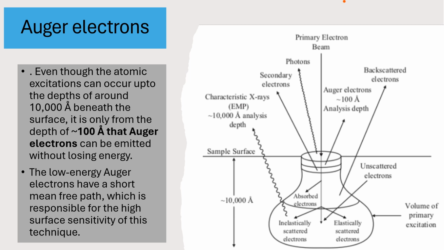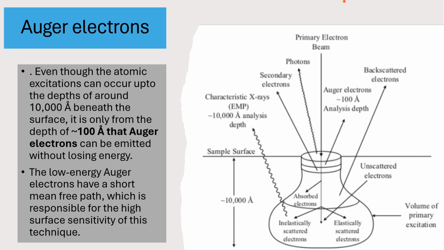Even though the atom's excitation can occur up to a depth of 10,000 angstrom beneath the surface, it is only from a depth of 100 angstrom that Auger electrons come out without losing energy. We can see from the figure that although the penetration depth is 10,000 angstrom, the Auger electron comes only from a depth of 100 angstrom.